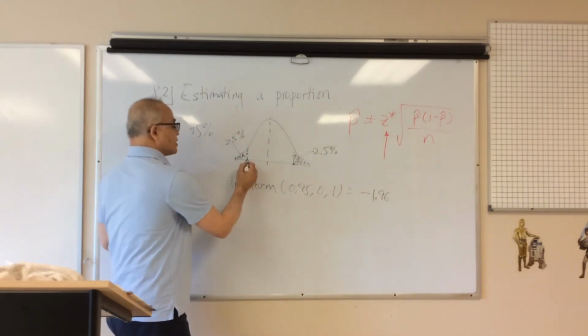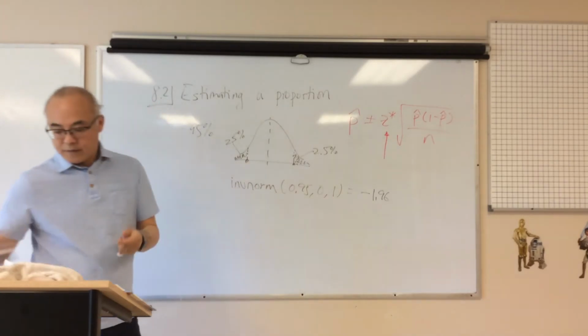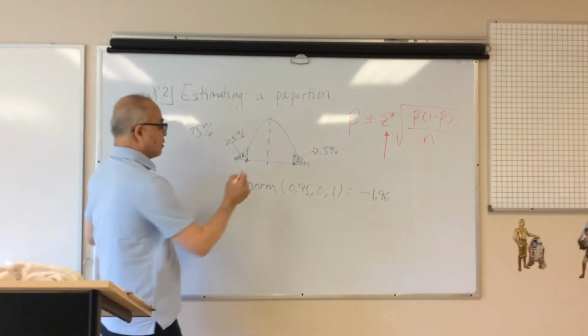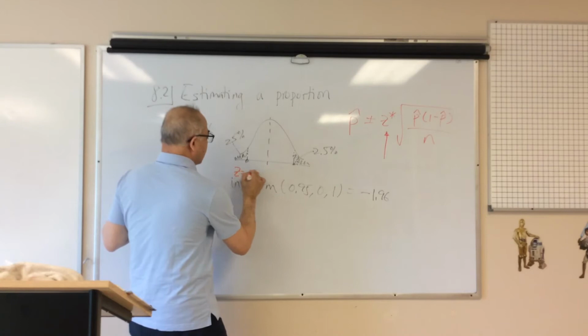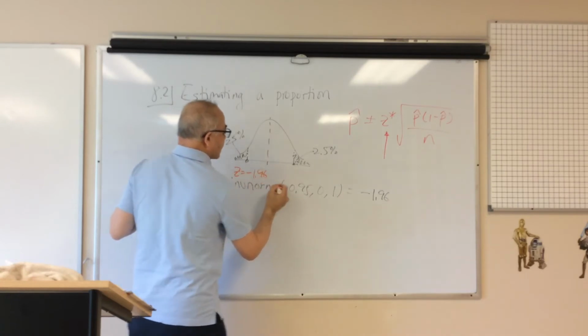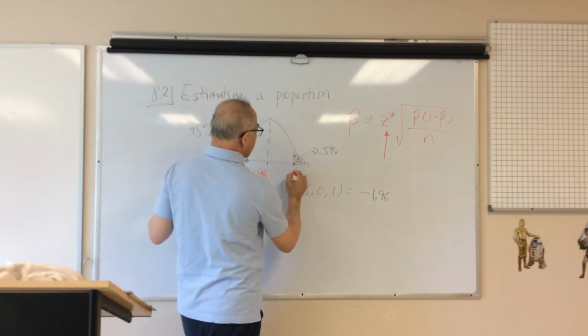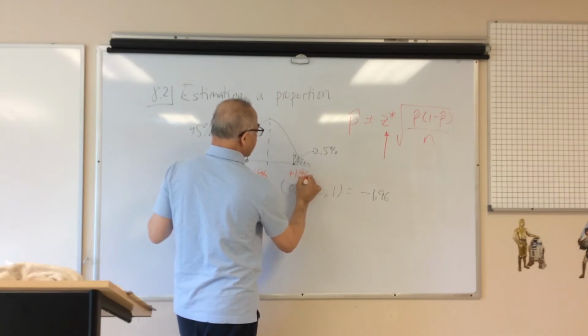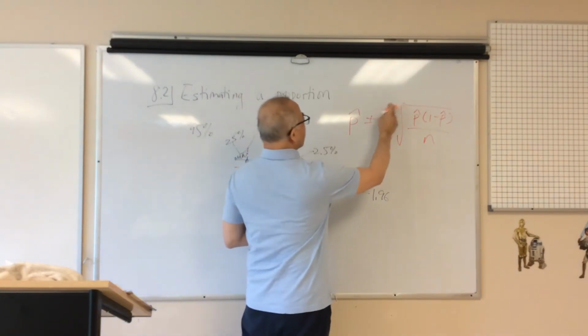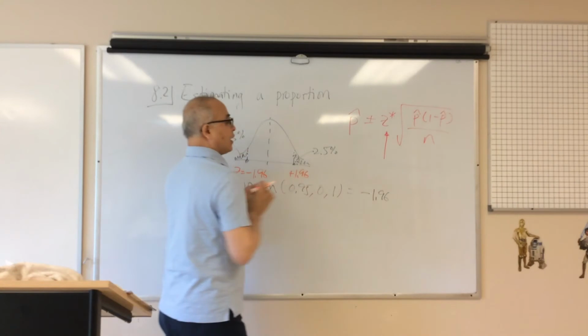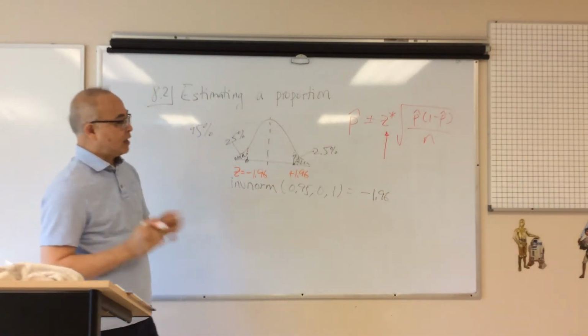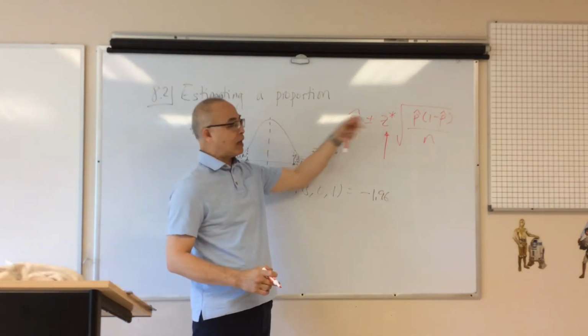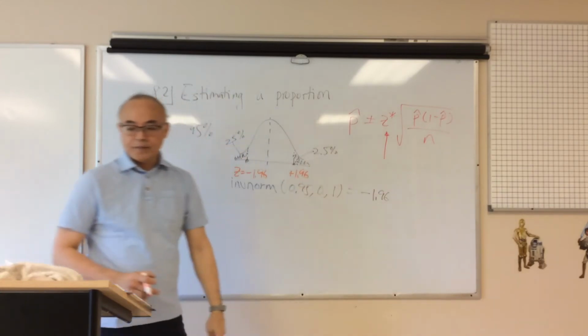In other words, the z-score here is negative 1.96, which means that the z-score here has to be positive 1.96. So my critical value is going to be 1.96. And the rest you would just go ahead and put in, and that'll give you your confidence interval.